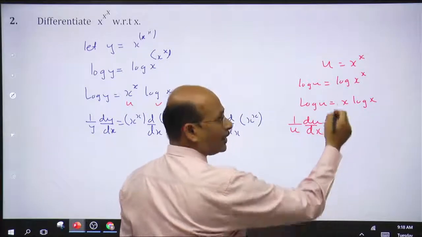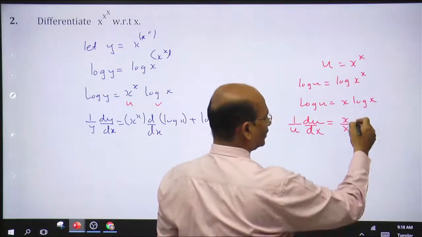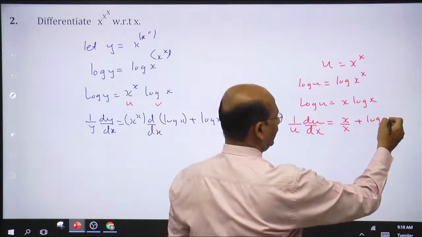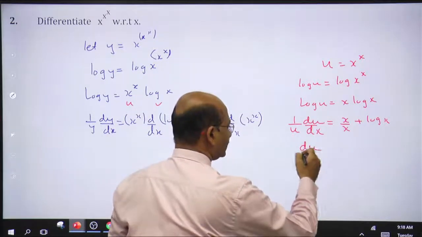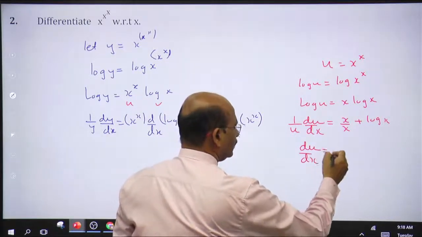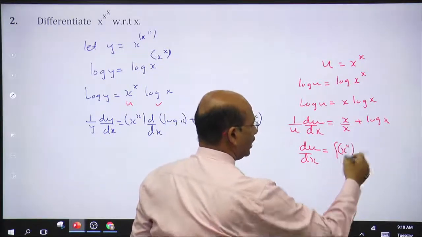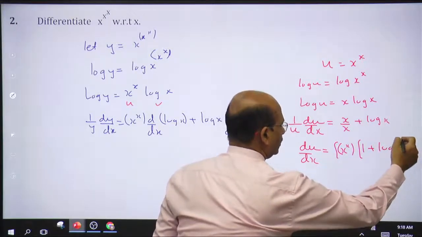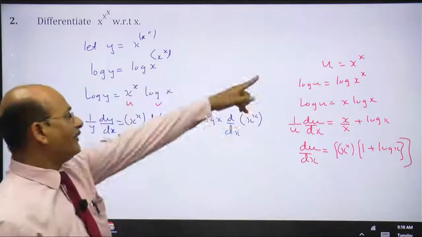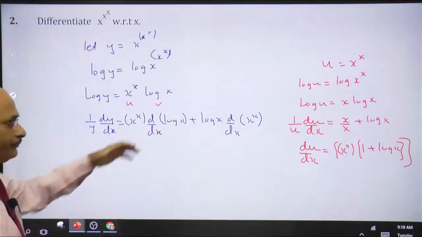is equal to, again uv, u derivative of v is 1 upon x plus v derivative of x is 1. So eventually du by dx, cross multiply u, so this is x raised to x into 1 plus log x. So I already got the derivative of u. So now I think I can place my answers here.